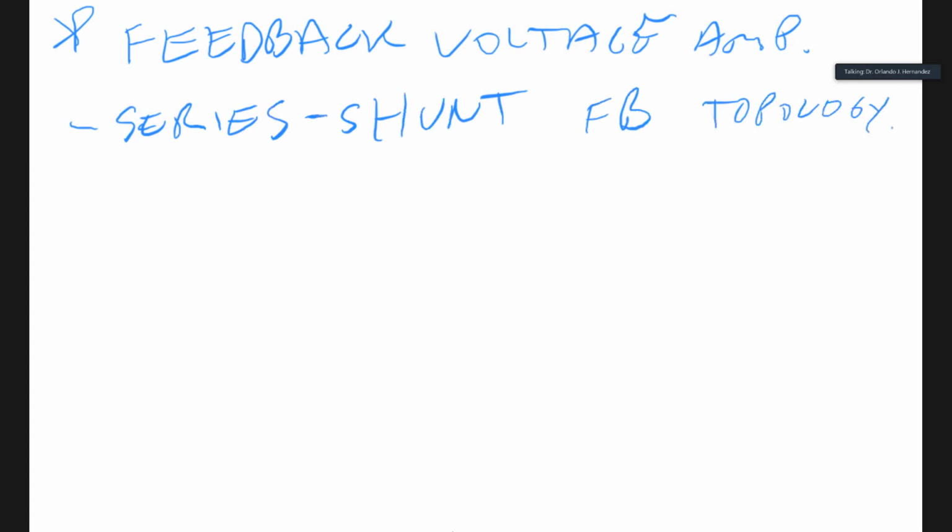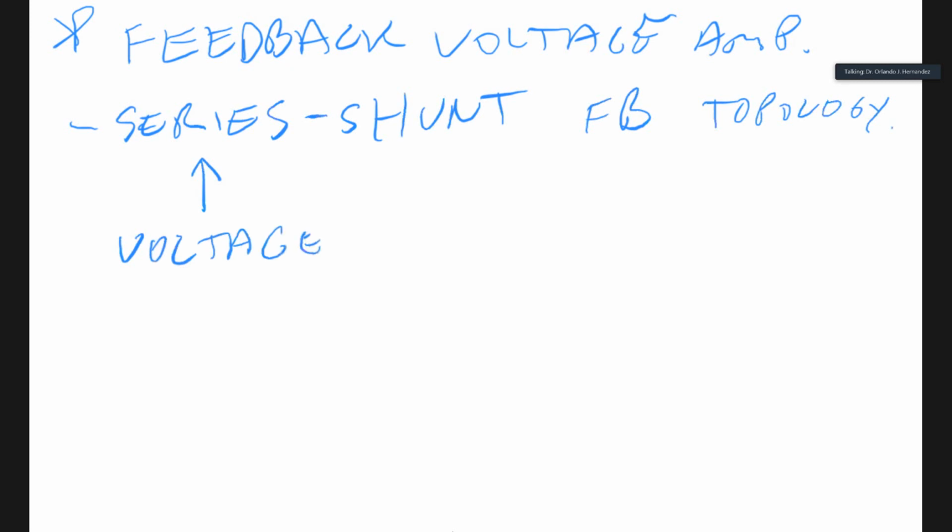Okay? Now, in this terminology, the first word refers to how you are coupling the feedback signal into the input of the amplifier. And remember that you're coupling it with the input of the overall system. So that's also called voltage.